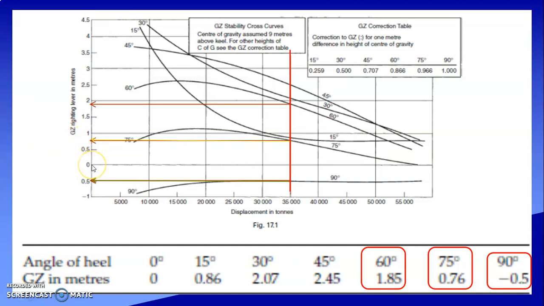This is the zero. Next, if you have a heel of 60 degrees, you will read 1.85. So these are already tabulated here on our GC cross curves.